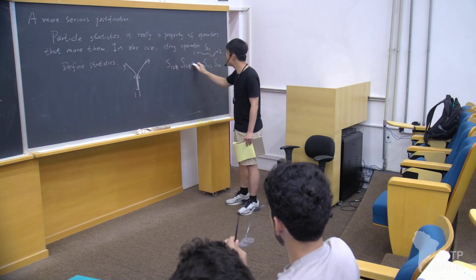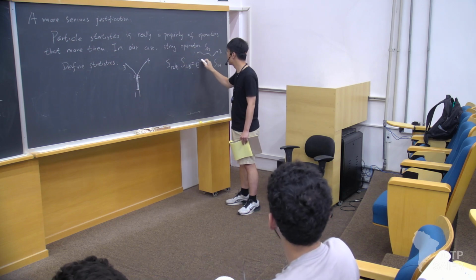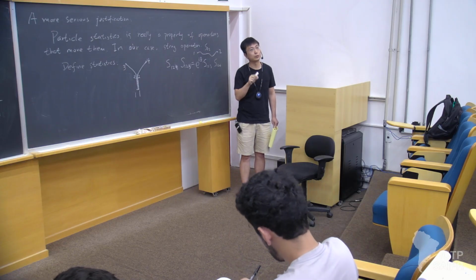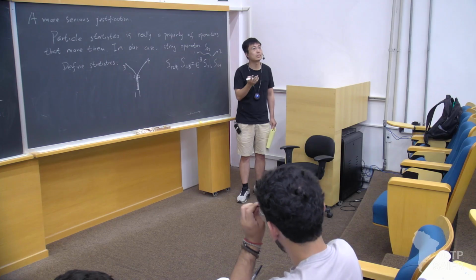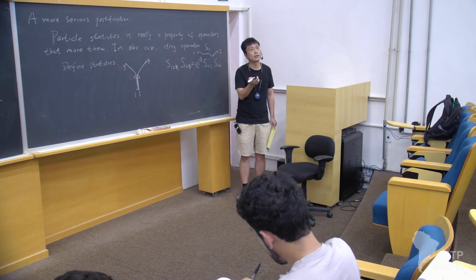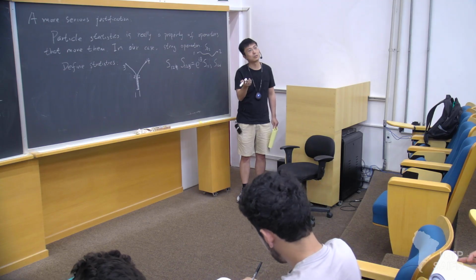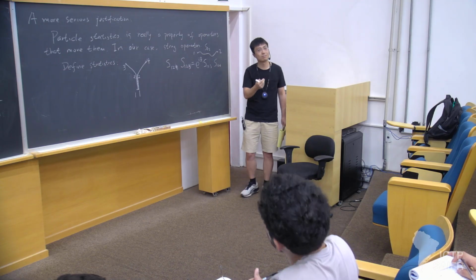So if it's a fermion, or in general, there should be a phase factor associated with this ordering. If you are doing the opposite order, you get the same state, but you expect a difference as a phase factor. And if it's +1, you call this particle a boson. If it's -1, you call this particle a fermion. So that's one way.